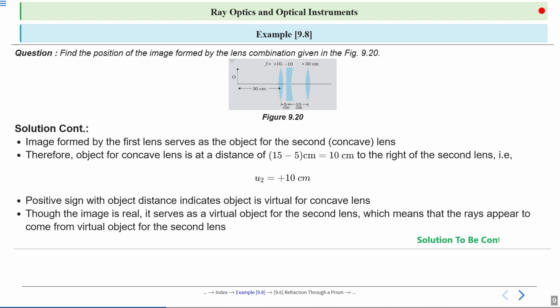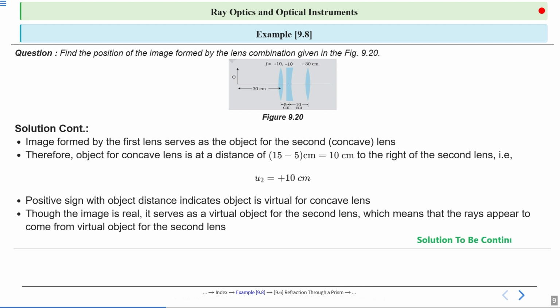If the concave lens were not present, then those rays would meet at 15 cm from the first convex lens, but the concave lens is there, so that position of the image formed by the convex lens will act as the object for the concave lens.